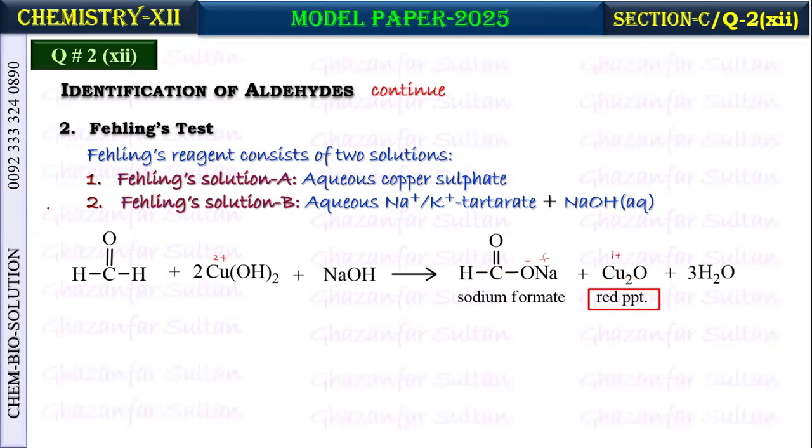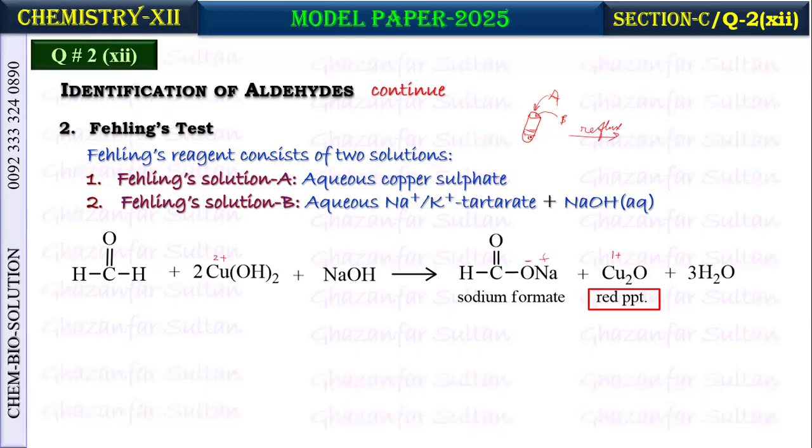How it is performed, see here. First we take a sample solution, and then we add solution A, Fehling A, almost the same quantity. After that, we take Fehling solution B. And after that, we heat it.